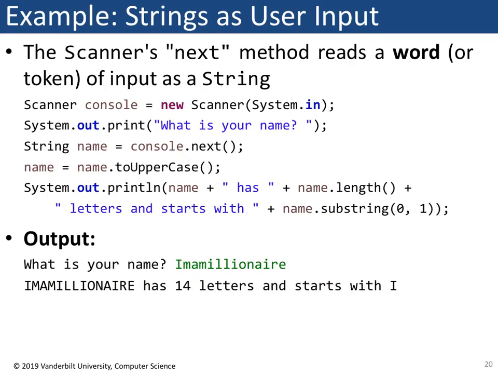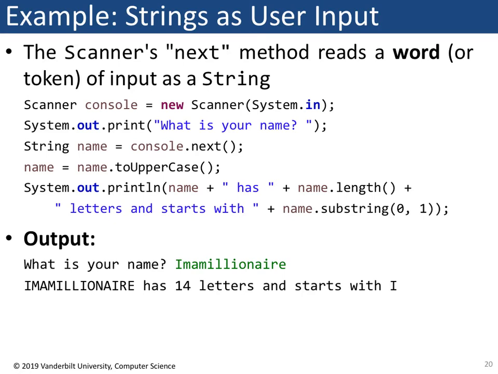Here's an example program where we use the next method to read a word, or more properly, read a token from the input stream. Declare our scanner. We're going to prompt the user, what is your name? Next is going to return a value of type string, so we need to create a string variable in which to store this value. Our assignment operator evaluates the expression to the right first.